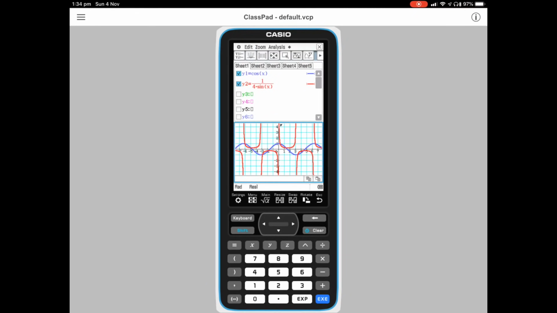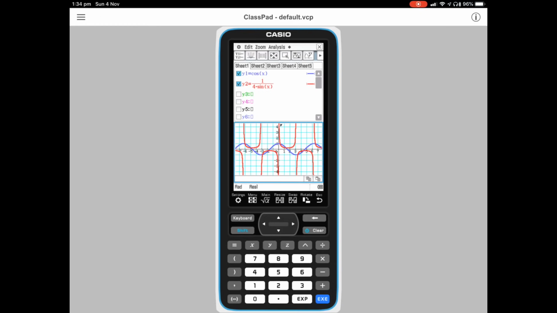Now we want it between 0 and 2 pi, and we know that cosec x is the red one, so we want to know when the blue one is greater than the red one. So it's going to be from there to there, and from here, where that value is, to that value there, and then from this value here to this value here. So there's going to be 3 answers.